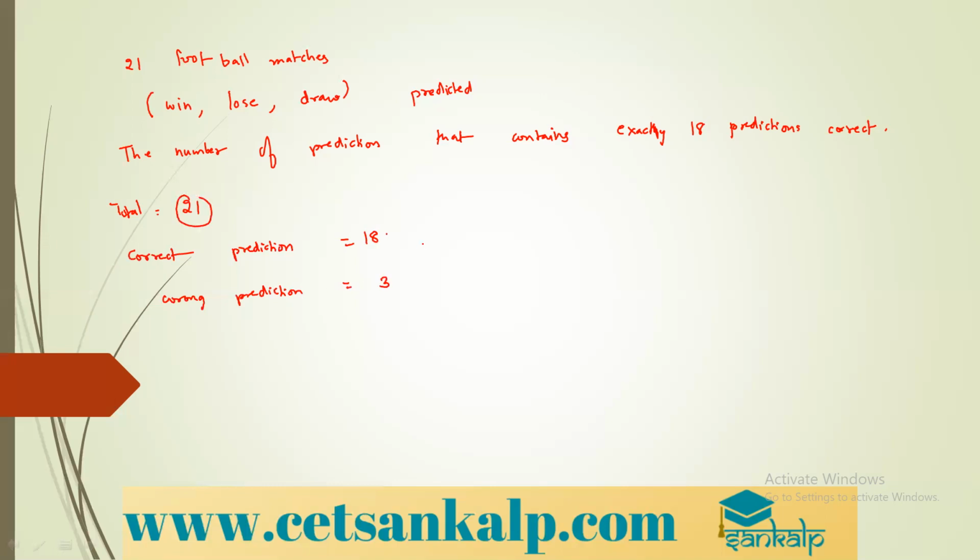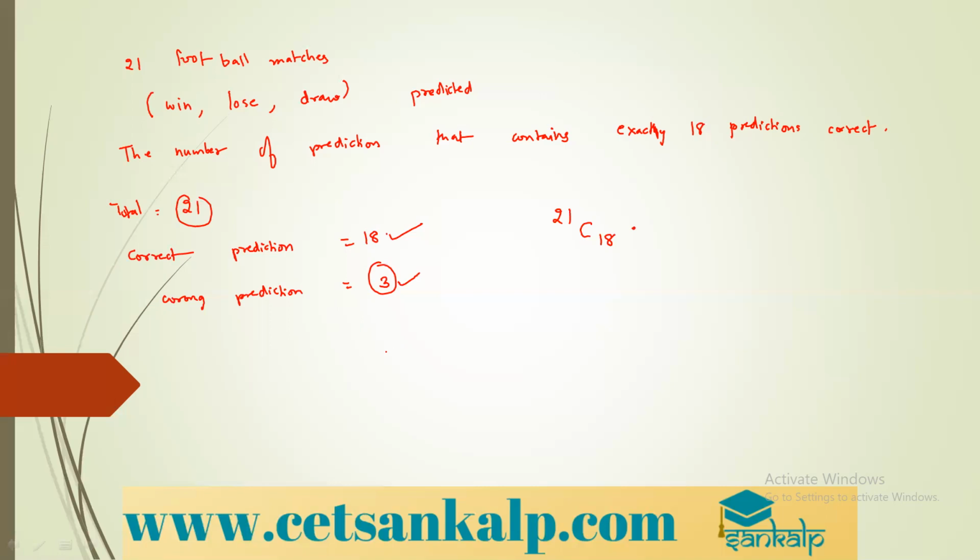Out of 21, 18 correct predictions, 3 wrong predictions. In how many ways that can happen? That is what they are asking. So, from 21 matches, we can select 18 correct predictions. After that, these 3 wrong predictions, all the 3 may be winning, all the 3 may be losing, all the 3 may be drawn.